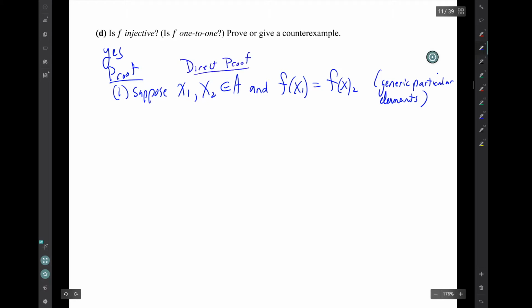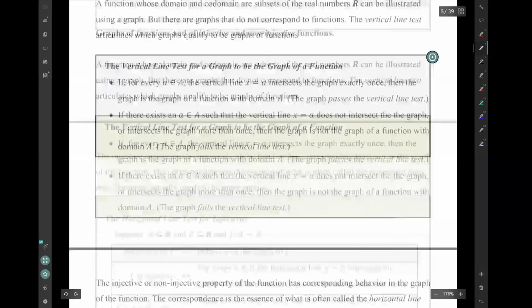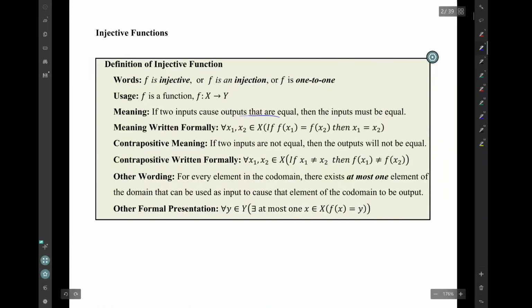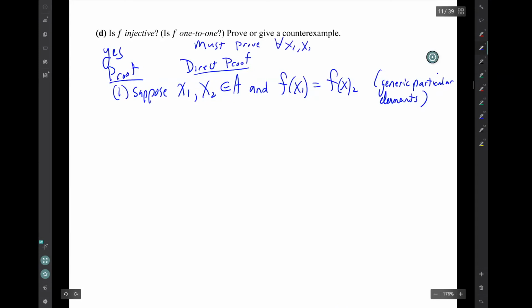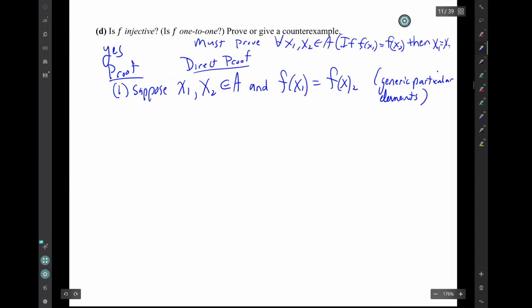Remember the statement that we're trying to prove: for all x1 and x2, if the outputs are the same, then the inputs must have been the same. On this first statement, we have an introduction of elements of the domain that satisfy the hypothesis. Now we have to end with this.